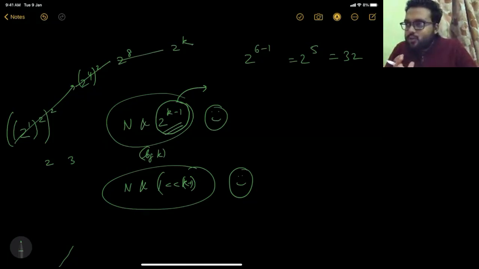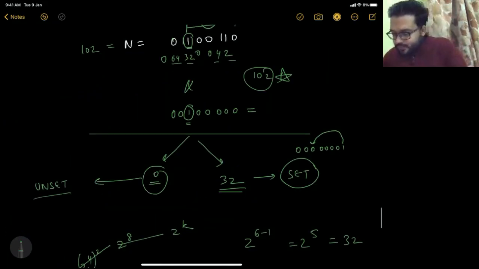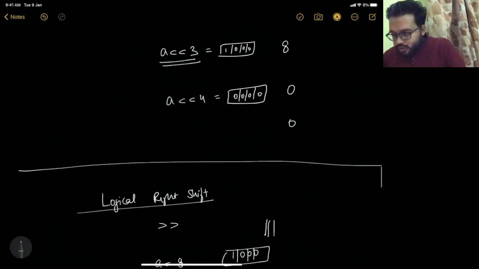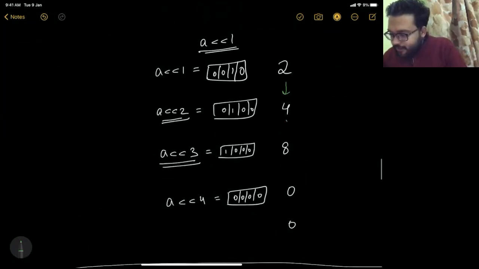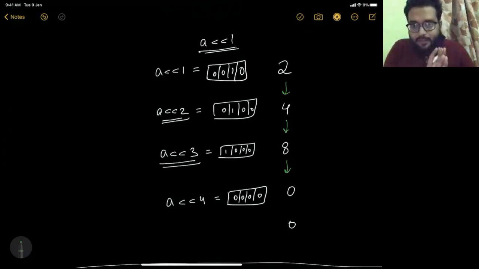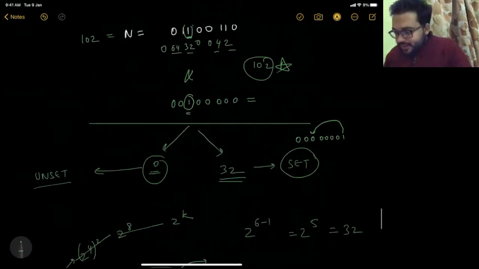Just before this question, I told you that the logical left shift operator will keep on multiplying your number with 2 till the time you don't have a 1 at the most significant bit. If I started my number with a 1, will I ever have 1 at the most significant bit? I will never have 1 at the most significant bit because my number itself was 1. How many of you understand this, guys?